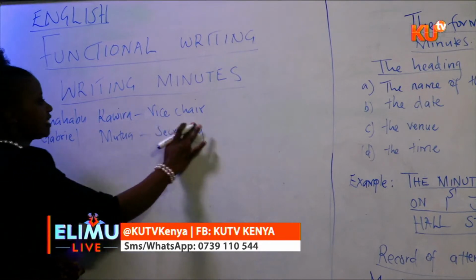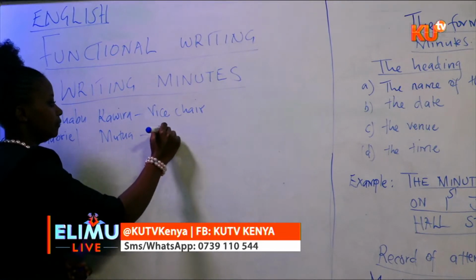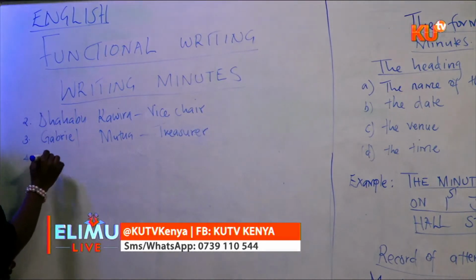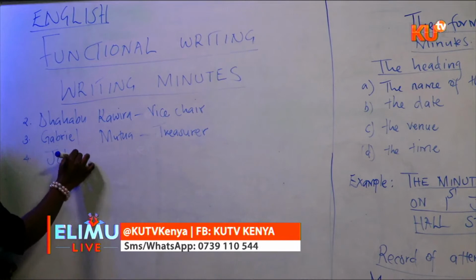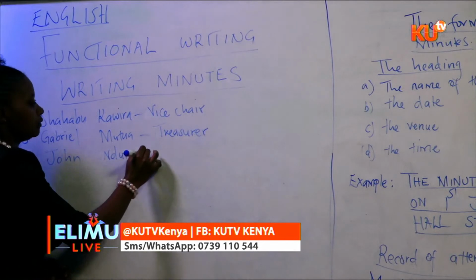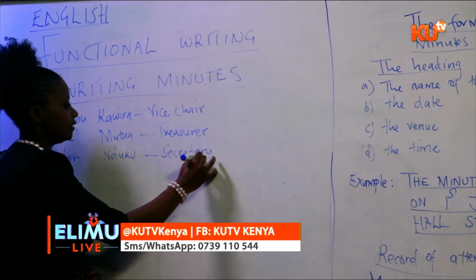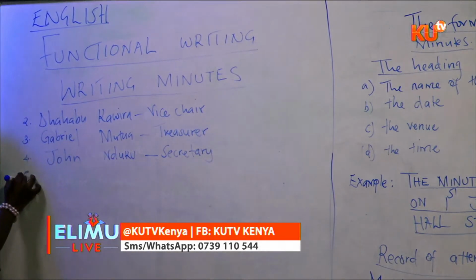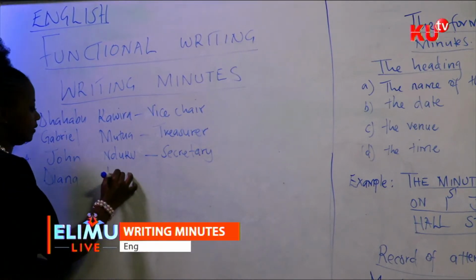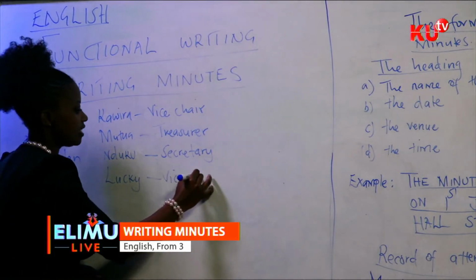Okay, before we have the secretary, we may have the treasurer. We have John Nduku, who is the secretary. We have Diana Lucky, who is the vice secretary.